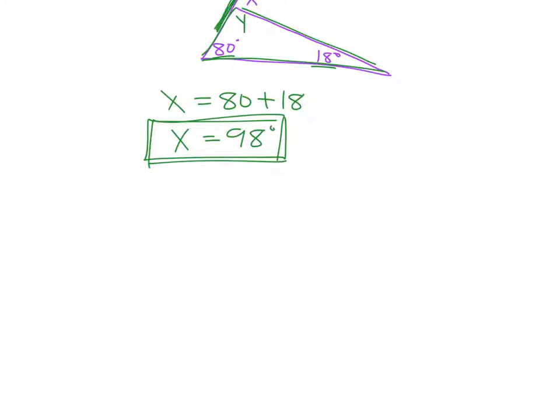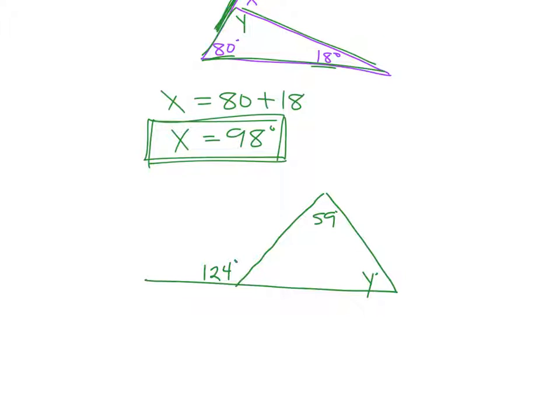All right, so what about this one? If this is 124, this is 59, and this is y. How can you set that one up? Right.